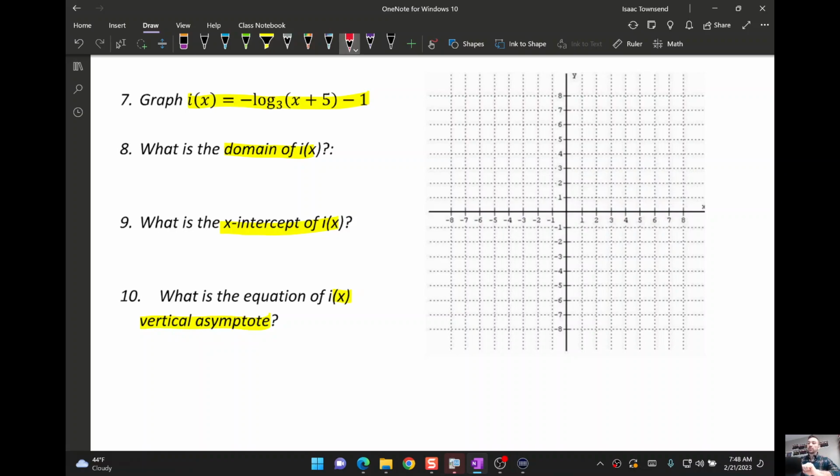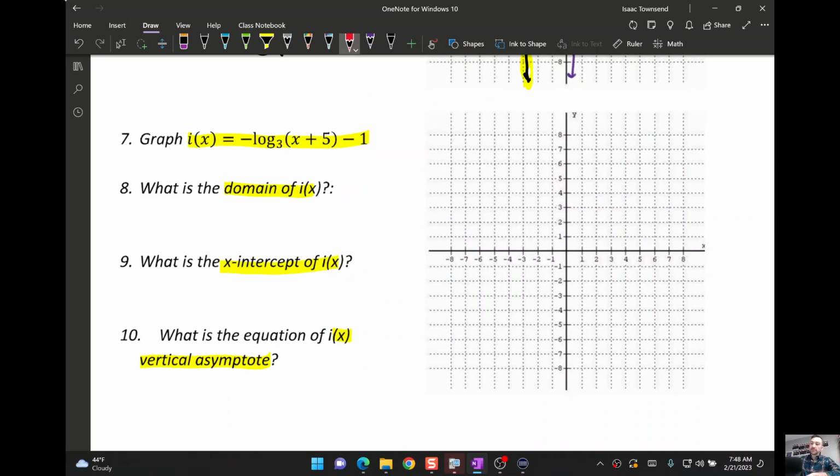So when I look through all of this, I would say this looks like some transformations done to log base 3 of x. And I have a good idea of what this looks like, but I'm more comfortable with this inverse, 3 to the x. So me personally, I would graph 3 to the x: 3 to the 0, 3 to the first, 3 squared.